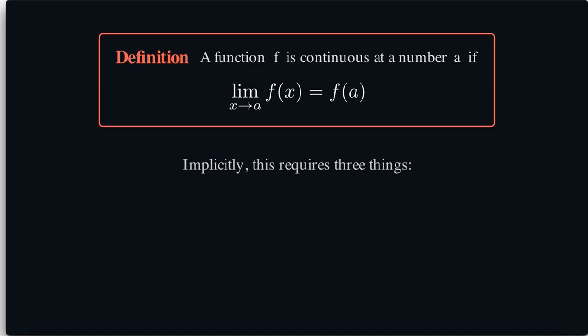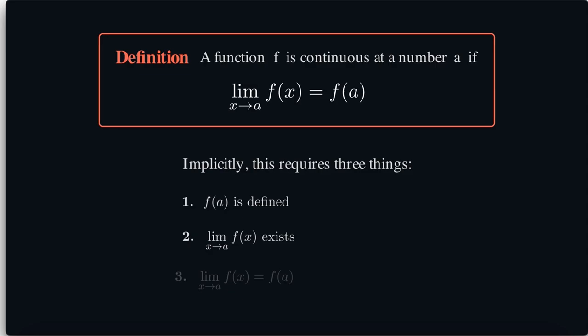There are a few things here we want to point out. This definition is equivalent to saying three things. The first is that the function has to be defined. If I plug a into f, it has to give me a number. Second, the limit has to exist. As we saw in the last lecture, as x approaches a from the left and from the right, it has to be the same number.